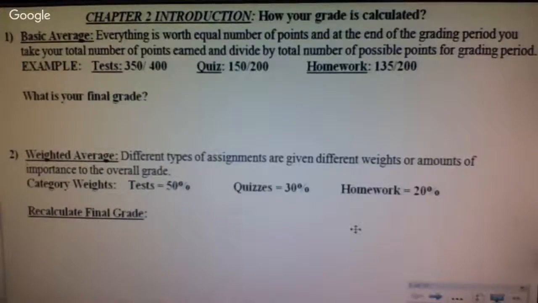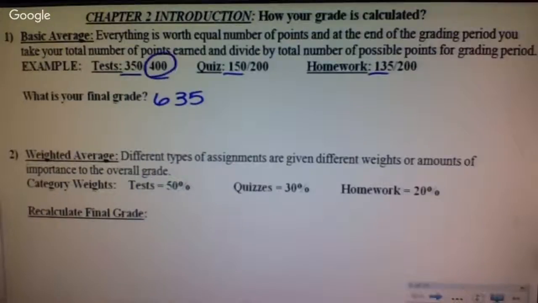Okay. Basic average. If we were looking for a basic average, that means everything is worth an equal number of points. So your tests, your quizzes, and your homework are all worth the same. As you know, here, it's not like that. But if we tried to do basic average, we would add up how many points you earned. So you would add up 350, 150, and 135, and you earned 635.